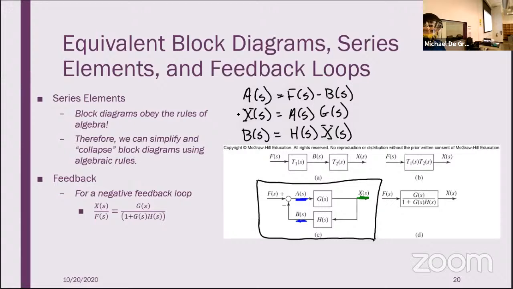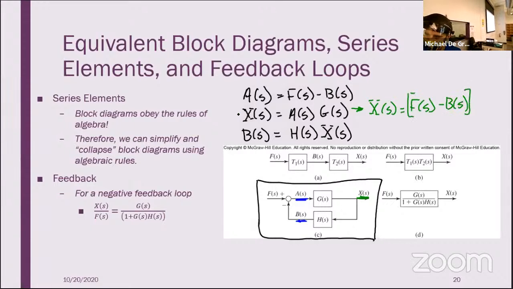And look what we're going to do. I'm going to solve this to get F of S and X of S as the only variables I have left. So if I take this equation and plug in A of S here, I'll get X of S is equal to F of S minus B of S, whole thing times G of S. And I can take that B of S equation and plug it in here.